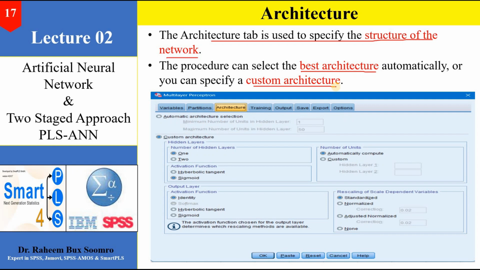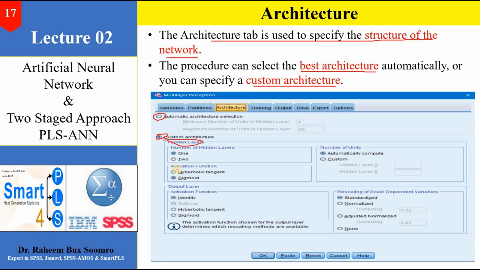The two approaches are not substitutes for each other, but actually complement each other. If you depend on the automatic option, then if you check this one, it will take the numbers by itself. Alternatively, you can use the custom architecture here.